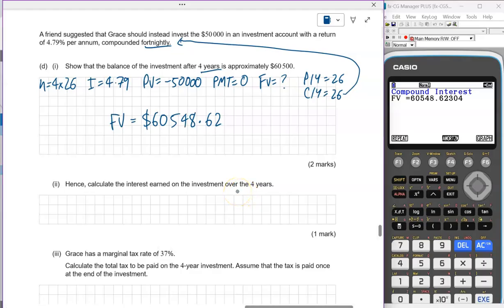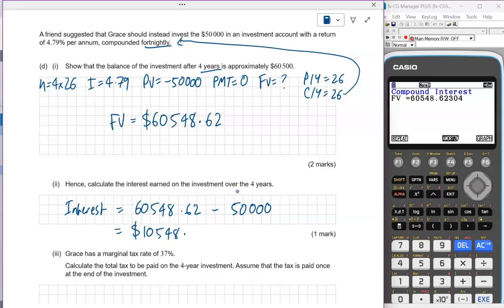So the interest is going to be the amount she has in the account now, which is $60,548.62, minus the initial amount she invested, which is the 50,000. So in total, she has earned $10,548.62 in interest over the 4 years based on this scenario.